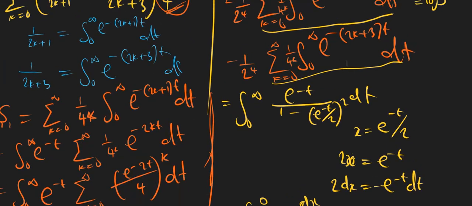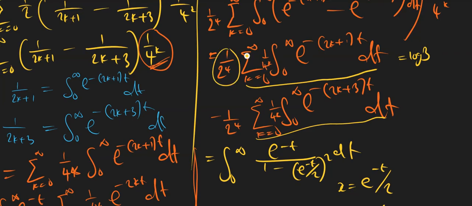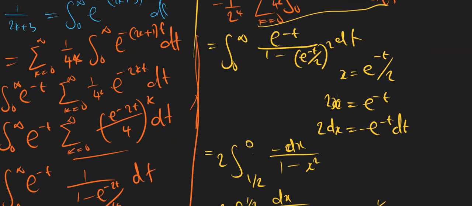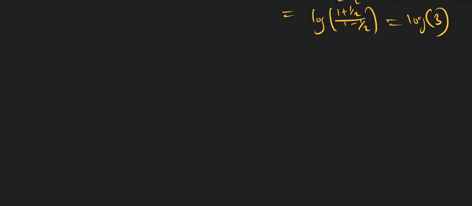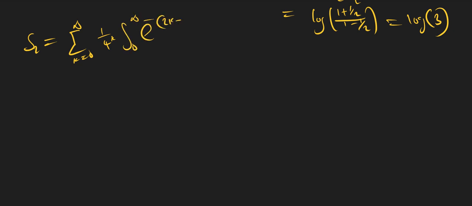So the second sum here, and of course we are removing the factor of 2 to the 4th for now, the second sum, S2, is going to be the sum as k runs from 0 to infinity of 1 over 4 to the k times the integral from 0 to infinity of e to the negative 2k plus 3 t dt.